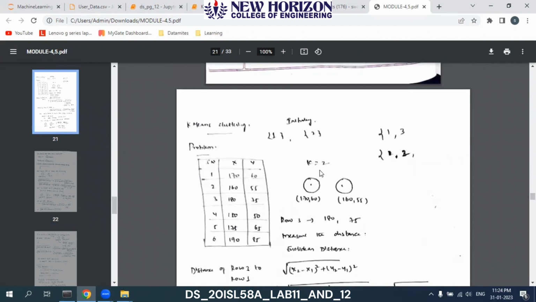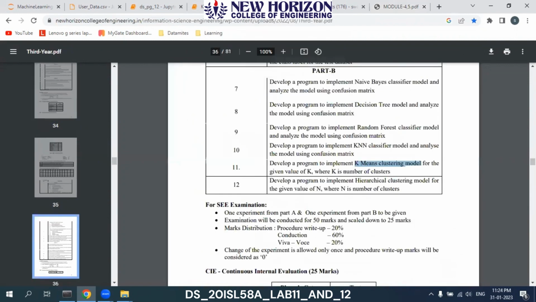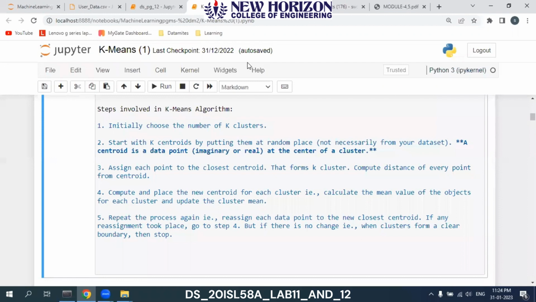We chose k as 2, randomly choosing the first and second rows as the initial values. In case I write k equal to 3, the values also keep changing. As said, the program implements k-means clustering for a given value of k.